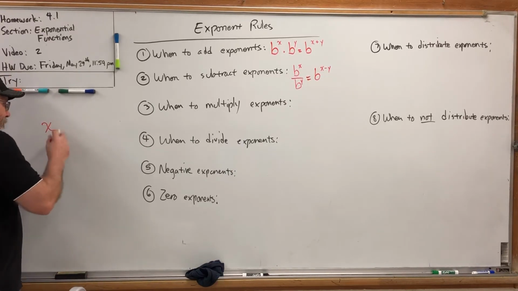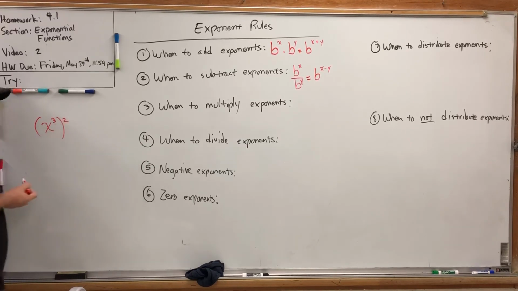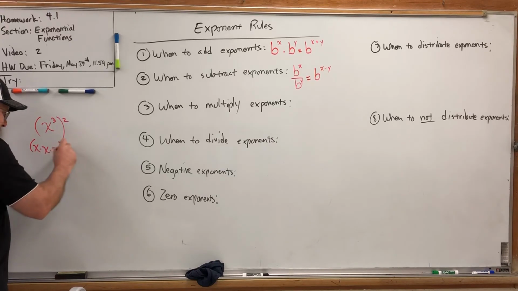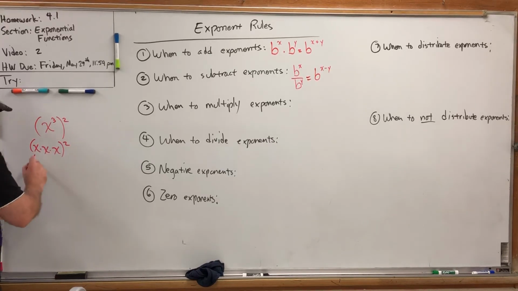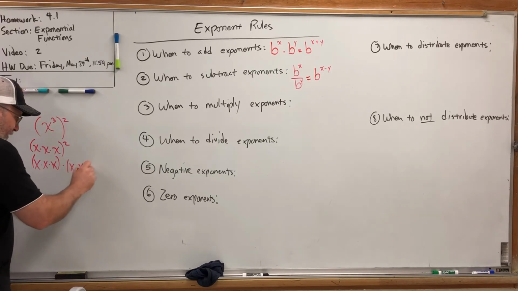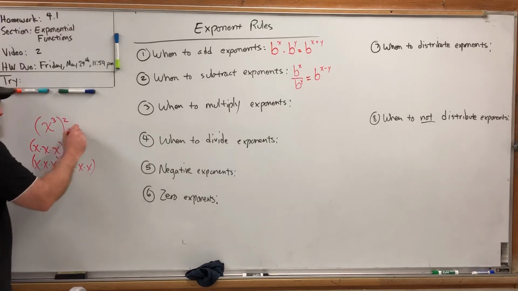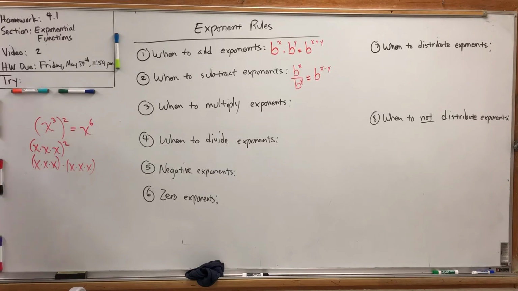If you have one power, say x to the third power, raised to another power, say to the second power, well, this literally means x cubed times x cubed, which means x times x times x times x times x times x. So we have 3 x's, 2 times, for a total of 6 x's. So we can multiply them.